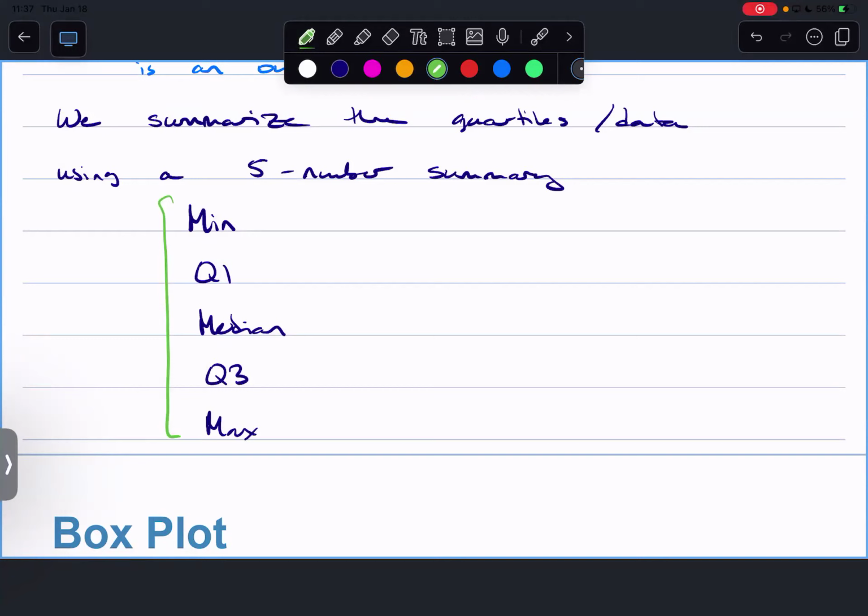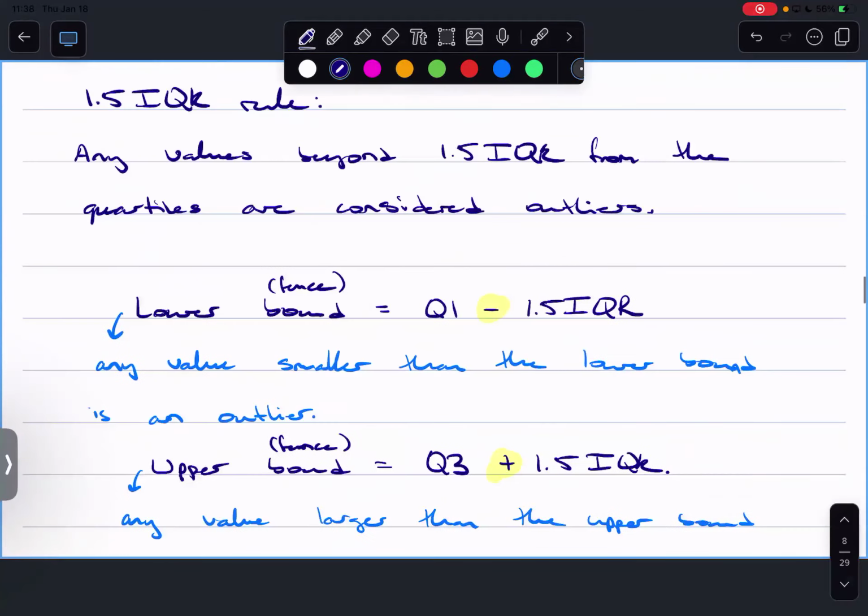I guess in theory you could go from the maximum to the minimum, but that is weird, so it must be in this order. The reason is, in theory, the 5-number summary is supposed to help us figure out what the distribution of the data looks like. Now, our brains don't really work great for this type of stuff.